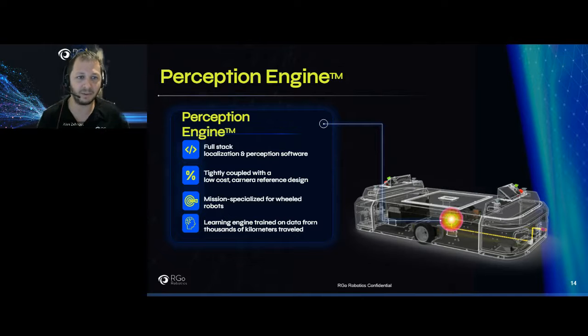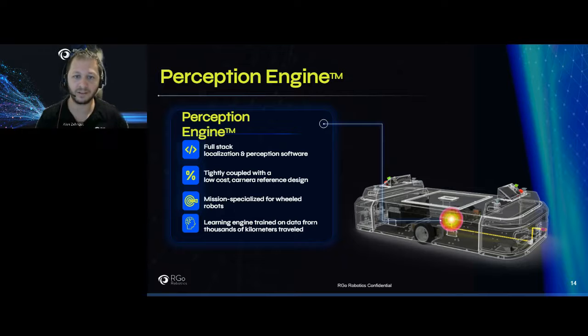It was mission specialized for wheel-based robotics, and it's been trained and learned in many applications on site, which means this perception engine and the algorithms have been deployed and run with dozens of different applications and sites to gain the knowledge and learn how to operate best in every environment. And that stands for both indoor and outdoor environments, which is the uniqueness of the RGo Perception Engine.